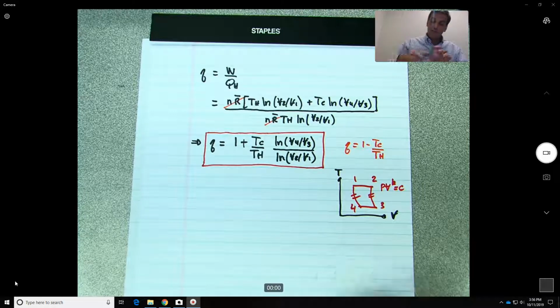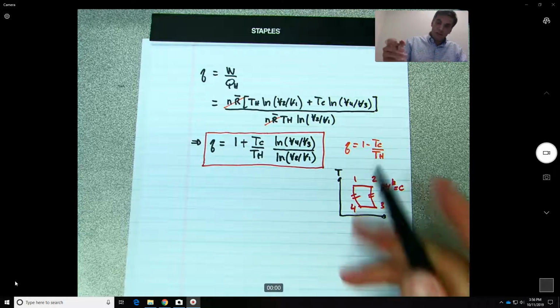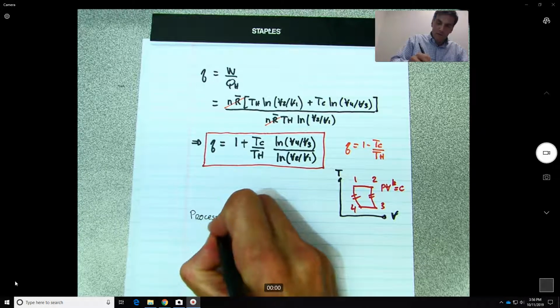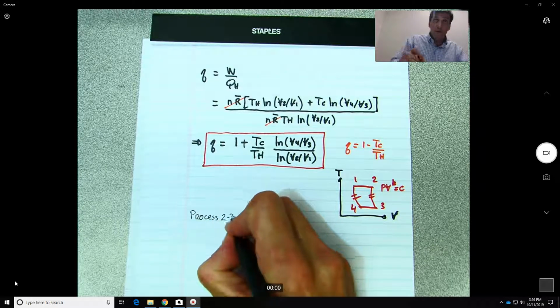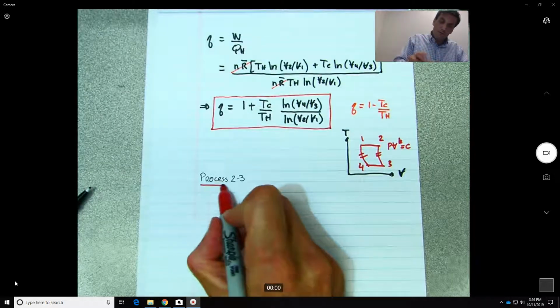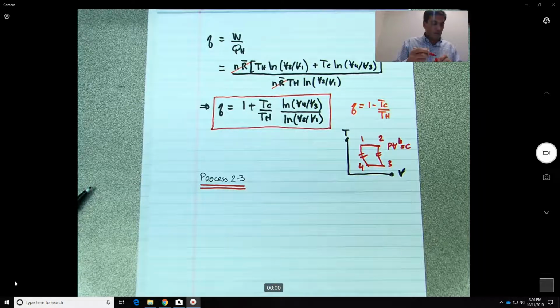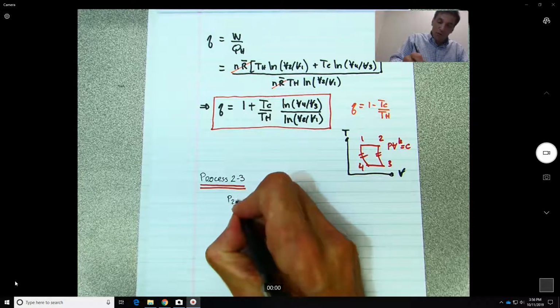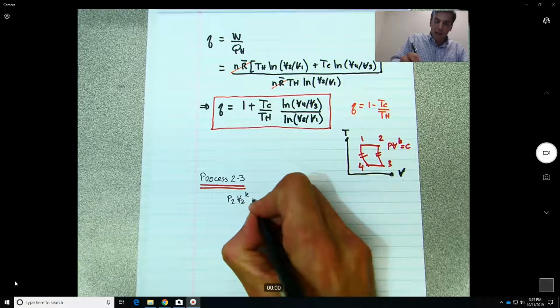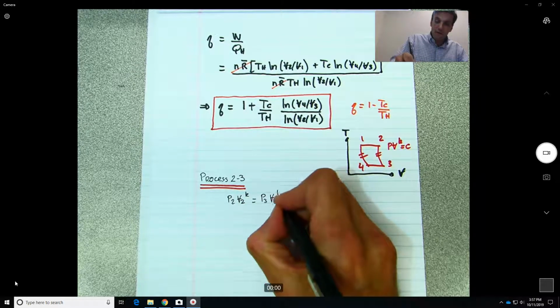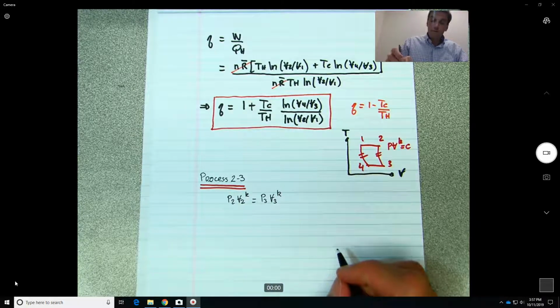So let's say process 2, 3. Process 2, 3, what do we know? We know P2 V2 to the K will be equal to P3 V3 to the K. Okay?